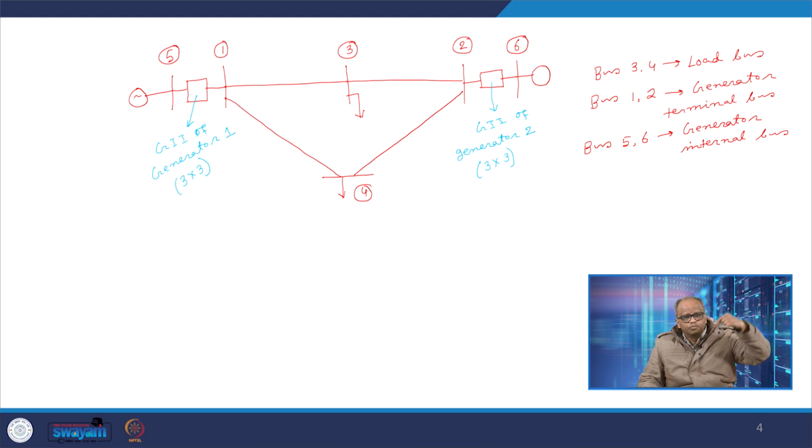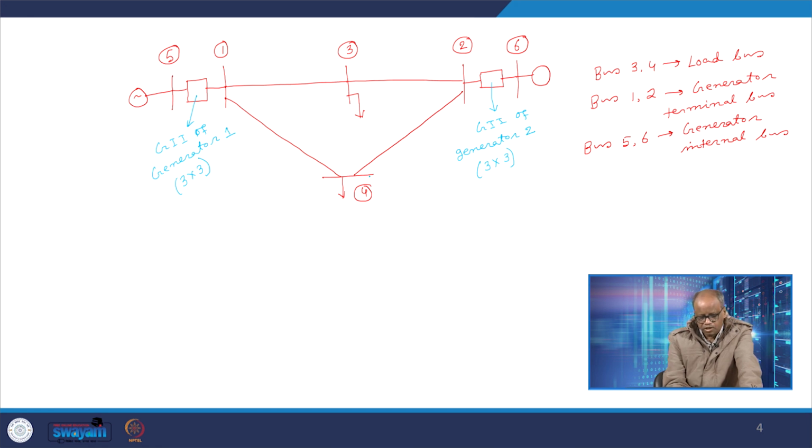If we put the positive sequence, negative sequence and zero sequence impedances at the diagonals of a 3 cross 3 matrix, and then apply the standard transformation matrices, then we get the final 3 cross 3 impedance matrix in the phase ABC domain, which is a very standard thing. Hopefully it is known to everybody, but if not, we will discuss it again. Right now, let us just assume that these 3 cross 3 generator internal impedances are known.